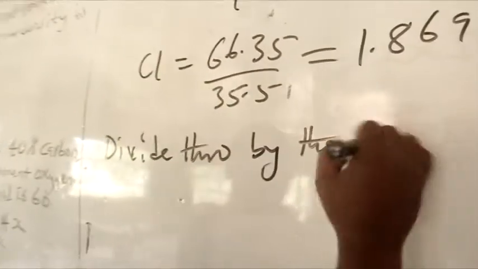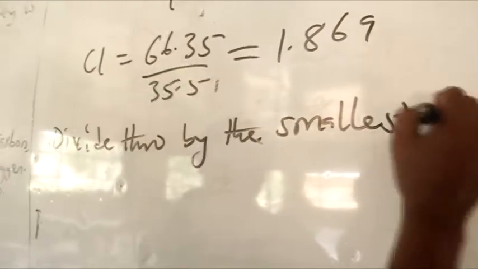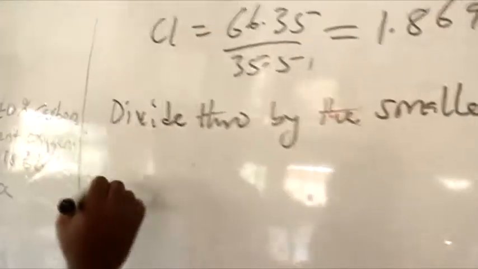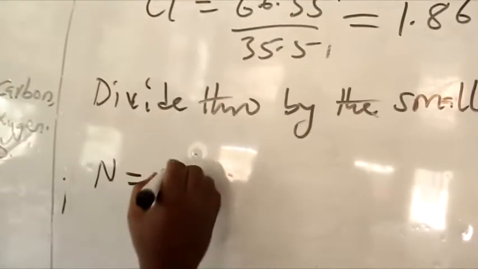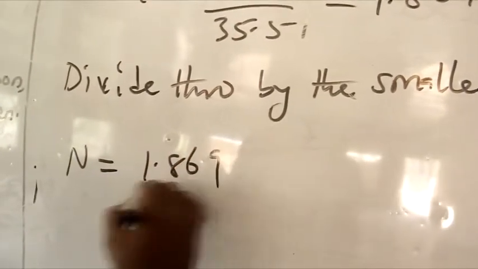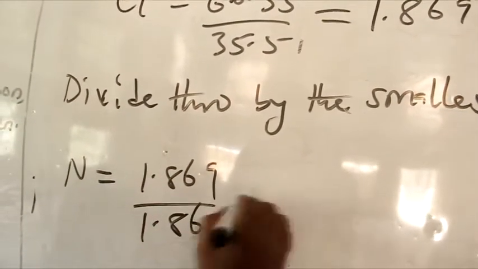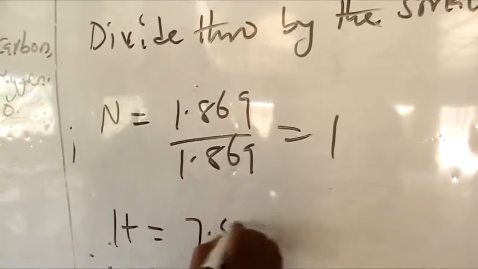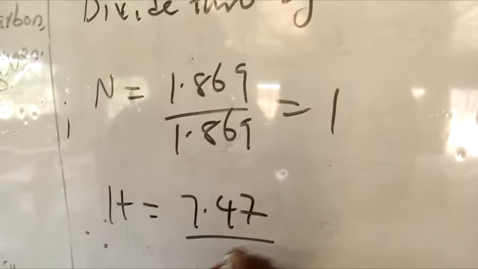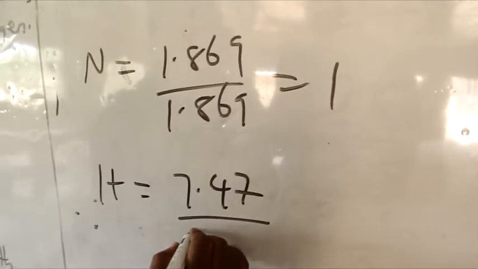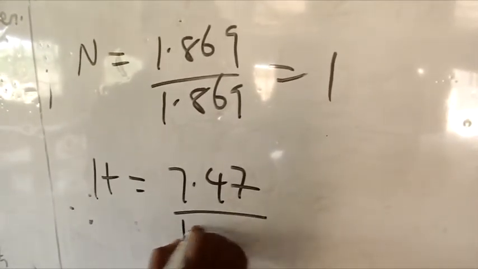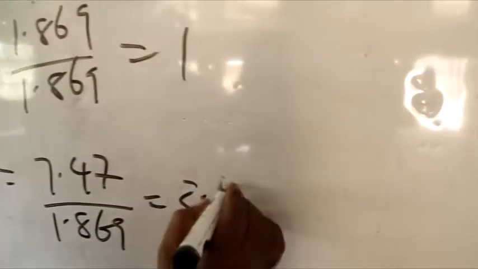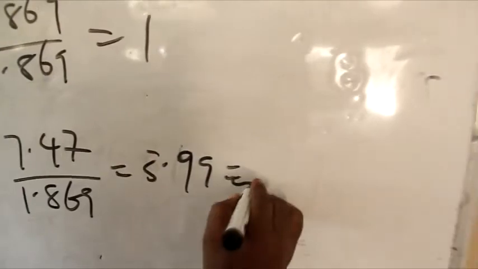So divide through by the smallest ratio. That will give us N, which is nitrogen, is equals to 1.869 over 1.869. It is equals to 1. Hydrogen will be equals to 7.47 over 1.869. This is equals to 3.99, approximately 4.